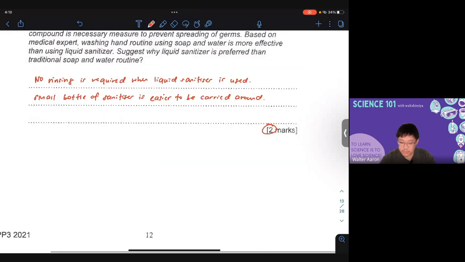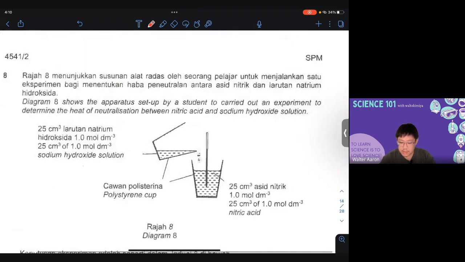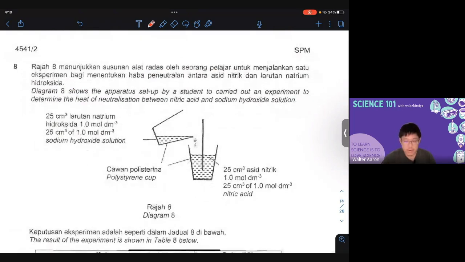All right, so let's move on to the next one. Diagram 8 shows the apparatus set up by students to carry out an experiment to determine the heat of neutralization between nitric acid and sodium hydroxide solution. So we have 25 cm cube of 1.0 mole per dm cube sodium hydroxide and 25 cm cube of 1.0 mole per dm cube nitric acid.